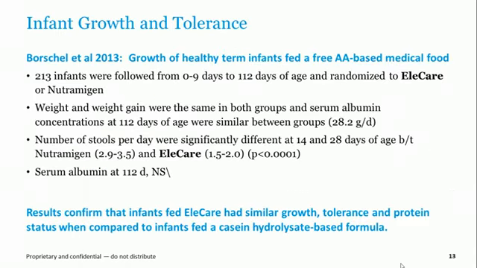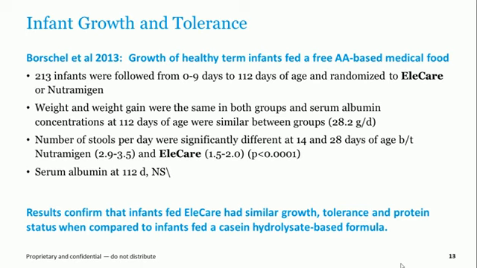So just for infant growth, when you market a formula in the US or Canada, you have to prove that those children on your special formula will grow the same as the gold standard, a breastfed infant. So when we looked at this, we followed them for 4 months and we confirmed that they have similar growth, tolerance. We looked at protein status as well.